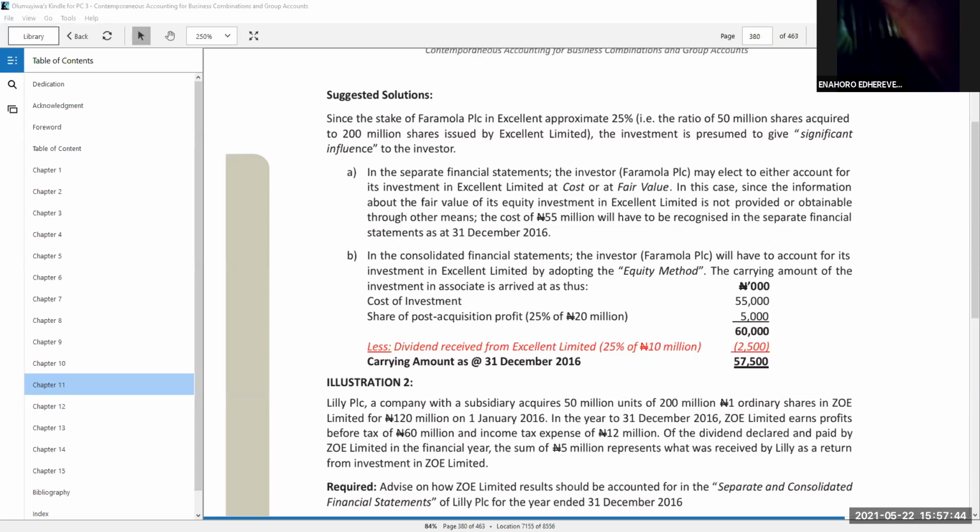Illustration 2. So basically, we are supposed to account for it in a separate financial statement as, sorry, just a minute. Can I try, sir? Okay, well. All right.